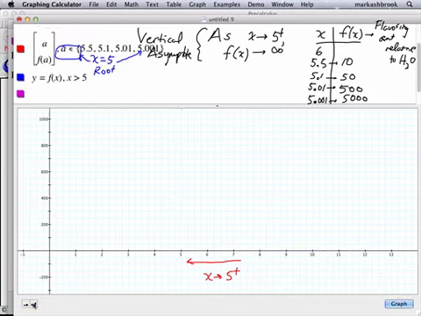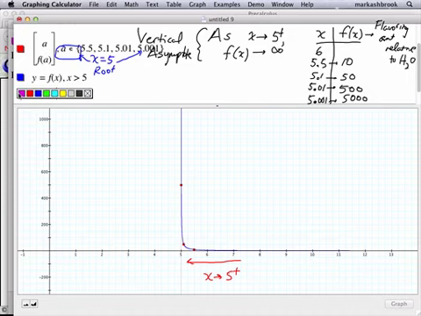Okay, so this is the idea: we have a vertical asymptote at x equals 5, and I'll draw it in black. It's this kind of barrier.